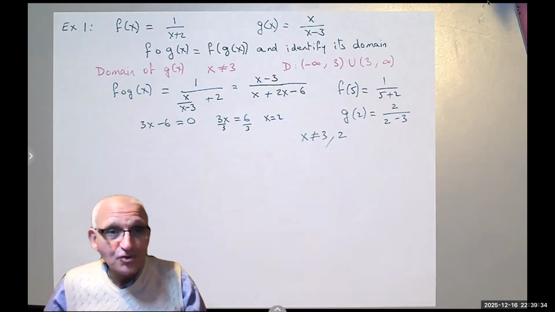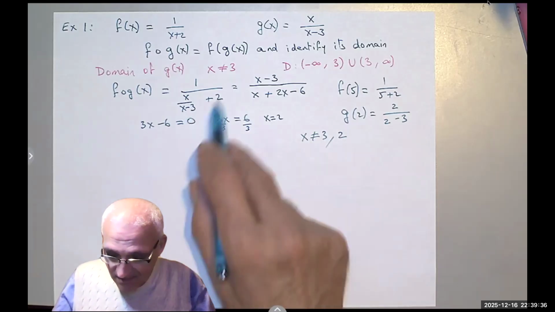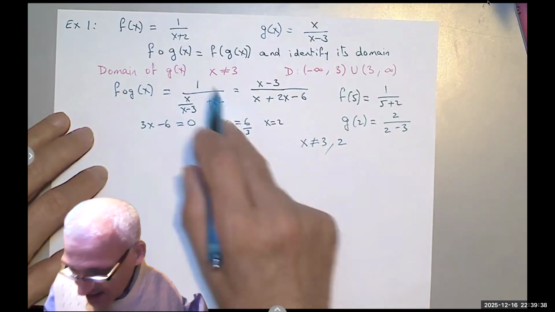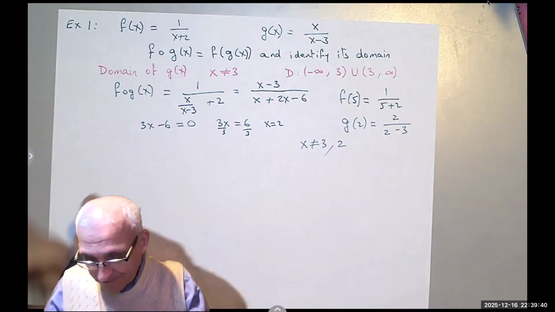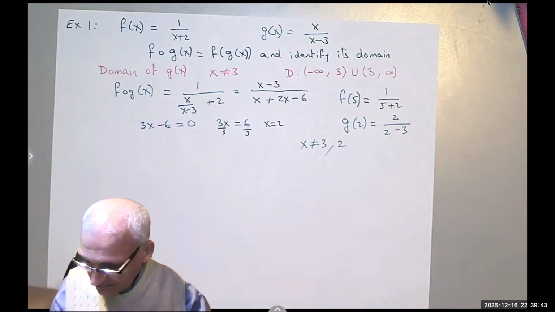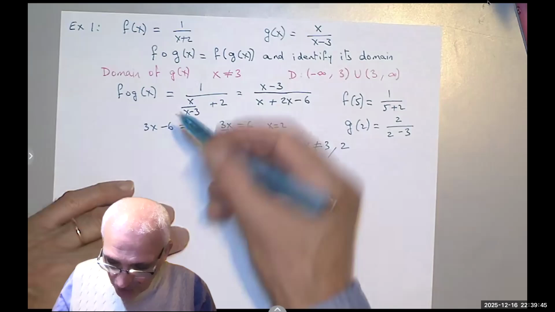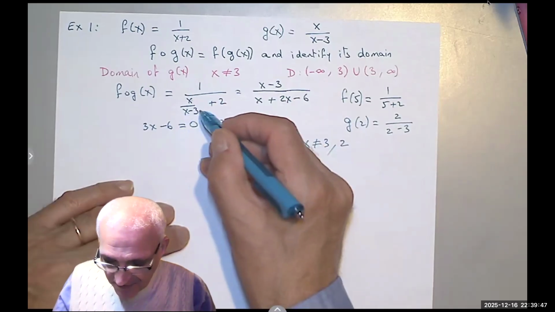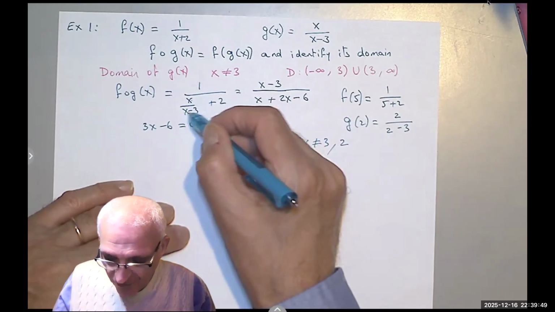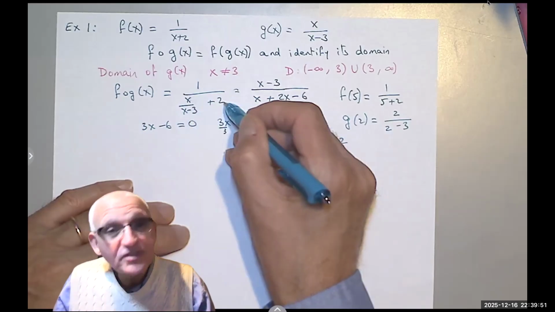Because if it equals 2, then this thing will be infinite, right? 2 divided by 2 minus 3 is 2 divided by -1. It's -2. Plus 2 is 0.